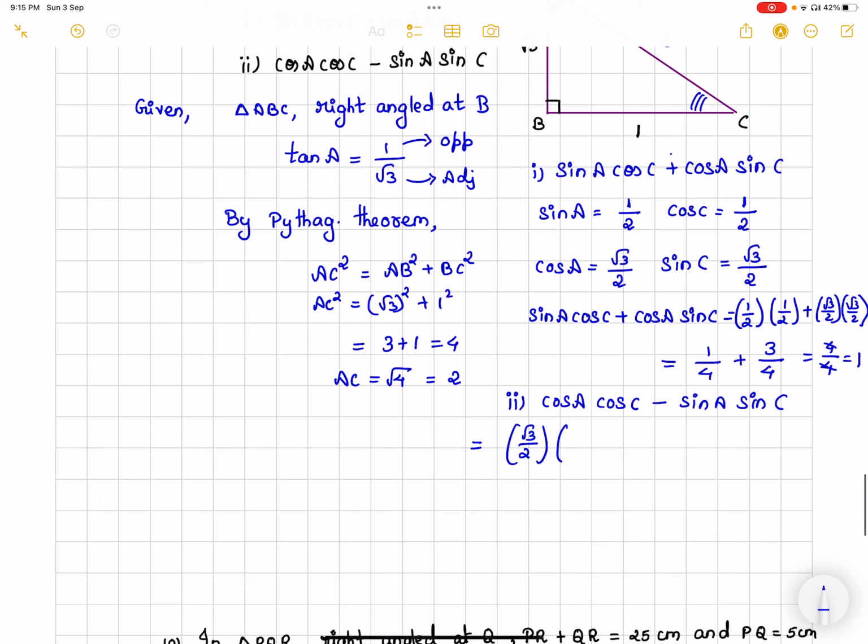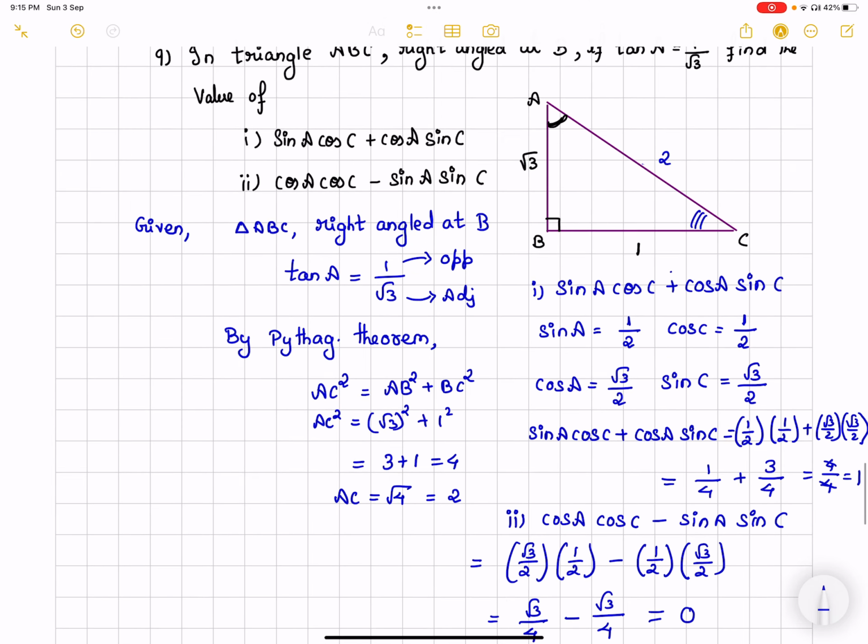Cos C value is 1 by 2, minus sin A value is 1 by 2. Sin C value is root 3 by 2. So we would be getting root 3 divided by 4. The numerator I'm multiplying, denominator I would be multiplying. So it's going to be root 3 by 4. So both of them, when it subtracts, it's the same number which is getting subtracted, so equal to 0. That's it. We found out the answer for both the subdivisions which were given for this particular problem.